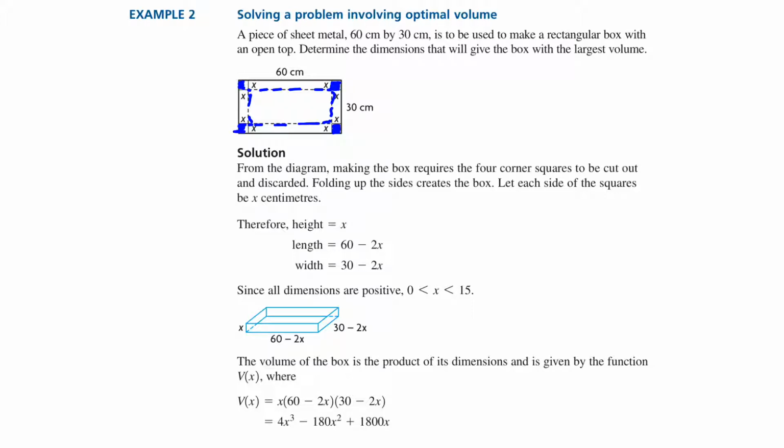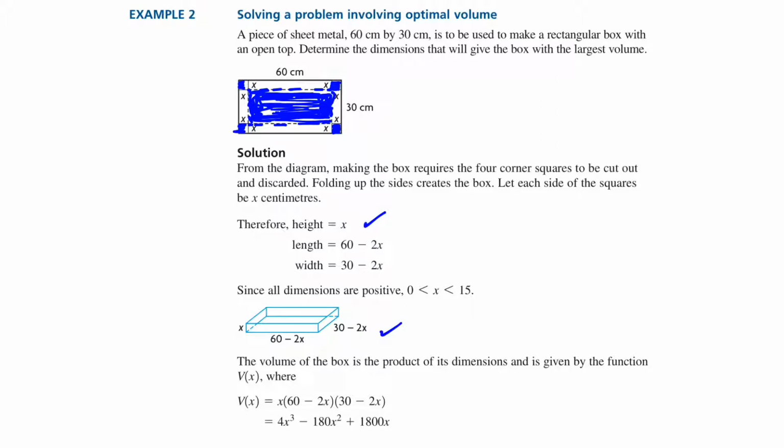If we use this diagram by folding the white parts up, we have this box. The dimension of the box is x, the height.